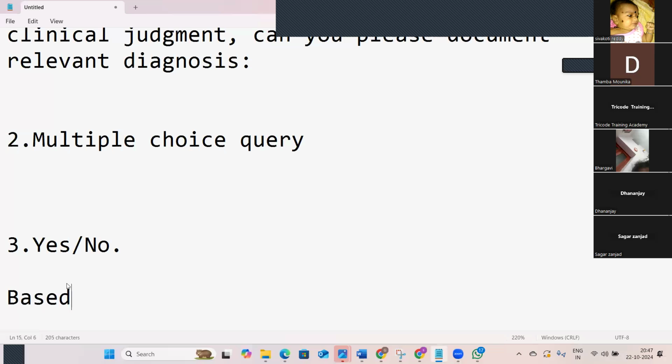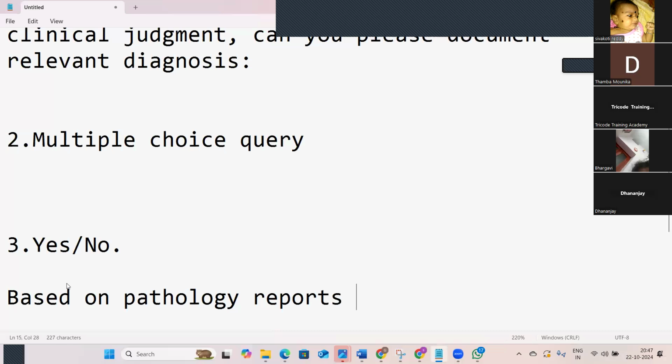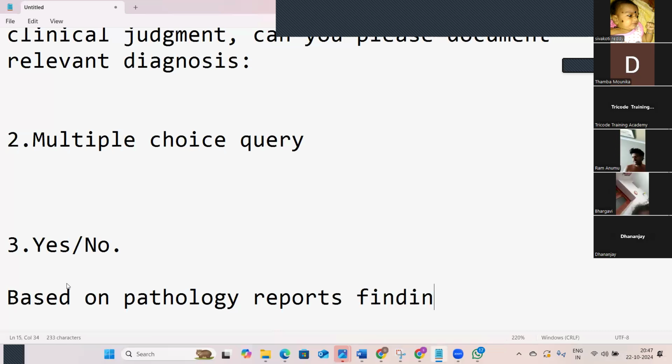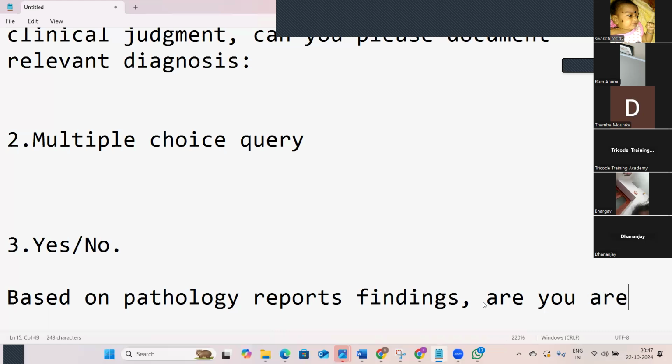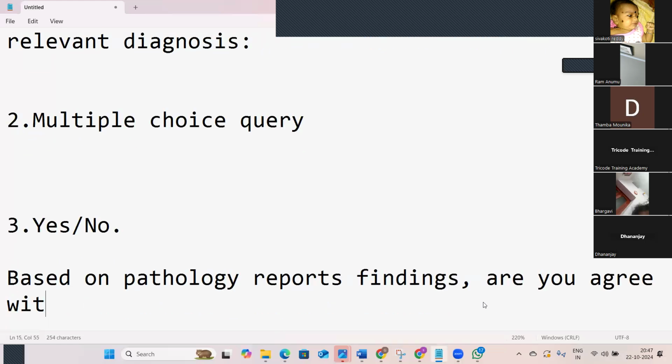We can ask based on the pathology report findings: are you agreeing with the pathology report?